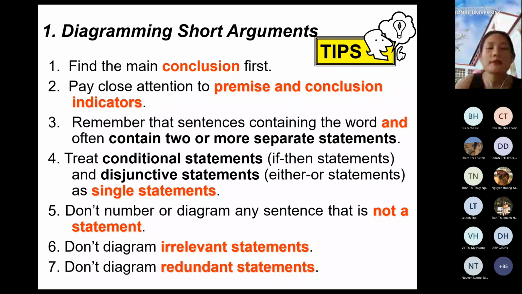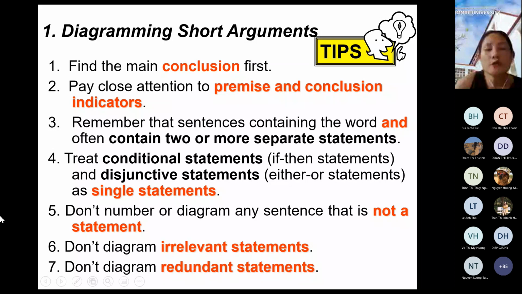And then the fourth one says you need to treat a conditional statement, if-then, or a disjunctive statement, either-or, as a single statement, isn't it? If you treat it as a compound statement and try to break if into one, then into one, it doesn't make sense. Or you break either into one and or into one, it also doesn't make sense. So that is why number 4 says you need to treat those types of statements as single statements. It means we shouldn't break them.